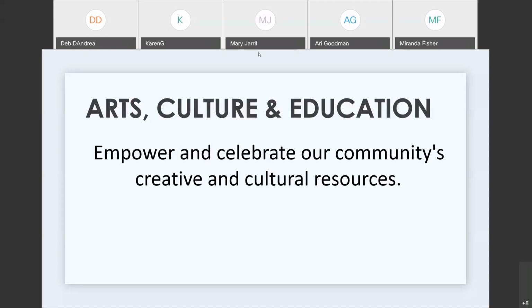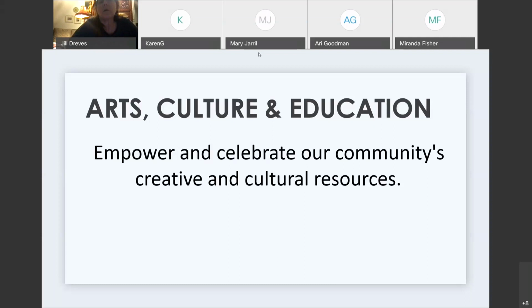Well, that's a specific thing that we'd be wanting to do, but I kind of like the idea of expression. Creative expression. I think that gives an idea of creative expression in terms of the arts, and I think that's good. Creative and cultural resources and expression.